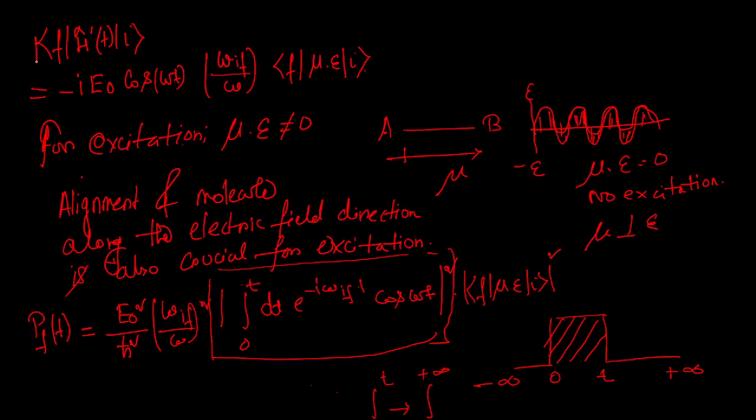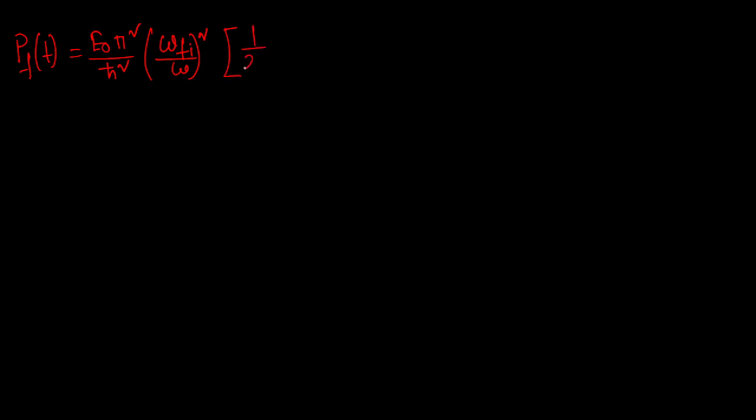Using this equation and a little more calculation, this whole thing is E0 pi squared by h-bar squared, omega_fi by omega squared, 1 by 2 pi.